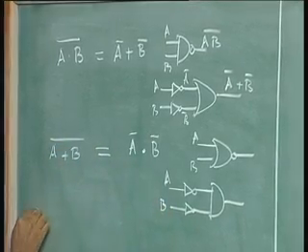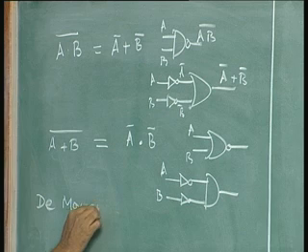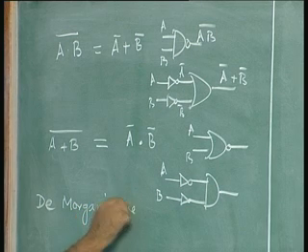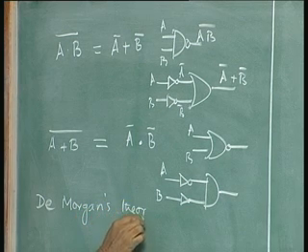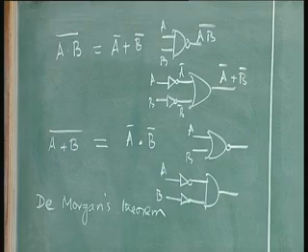These two identities are called De Morgan's theorem. De Morgan's identities are theorems. Many times De Morgan's theorem is used.